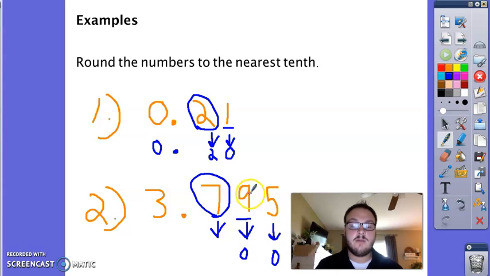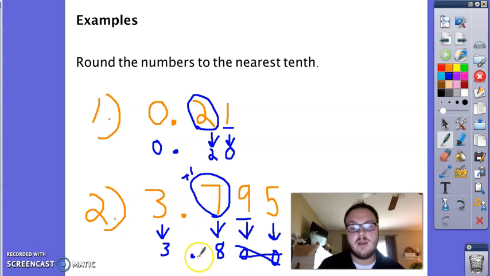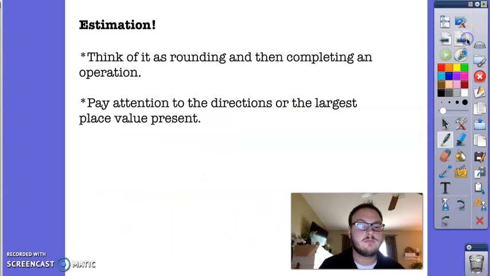We know that it is in fact 5 or more, so we are going to add 1 more, making this into an 8. Don't forget to bring down your decimal. Anything to the left just gets brought right on down. So we know that this would round to 3 and 800 thousandths. But again, with decimals, I could just cross these out. It'd be 3 and 8 tenths because those are equivalent.